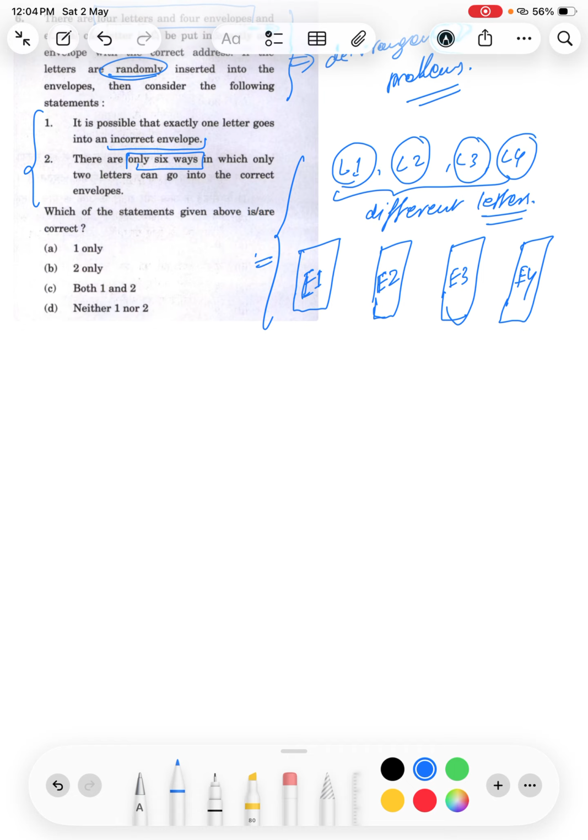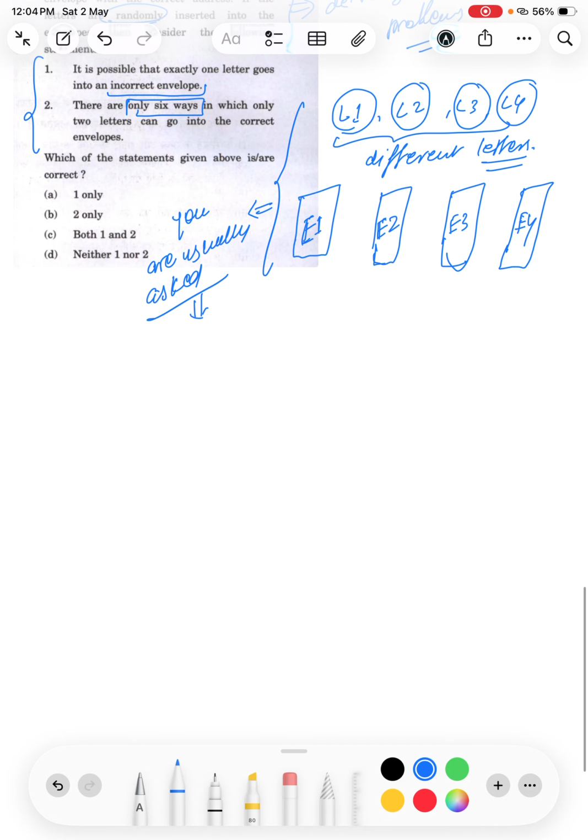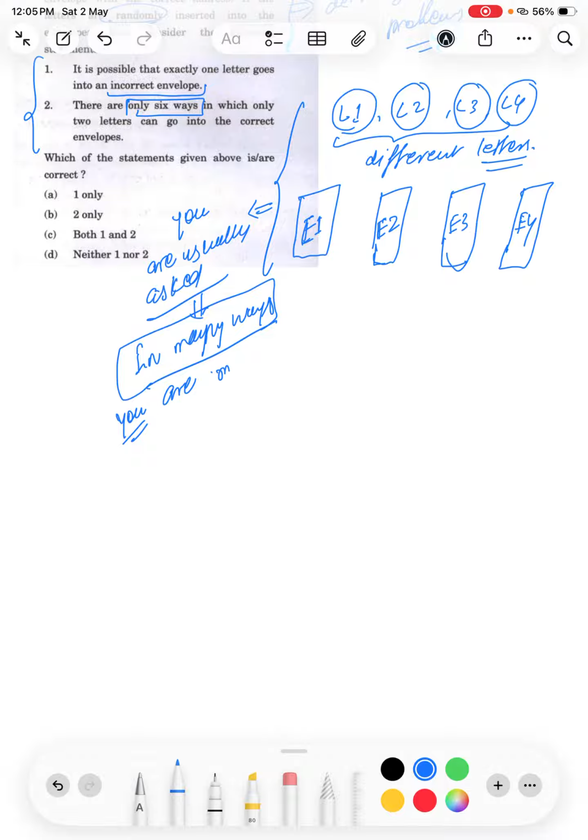In this sort of problem, what you are usually asked is in how many ways you are misplacing M letters.